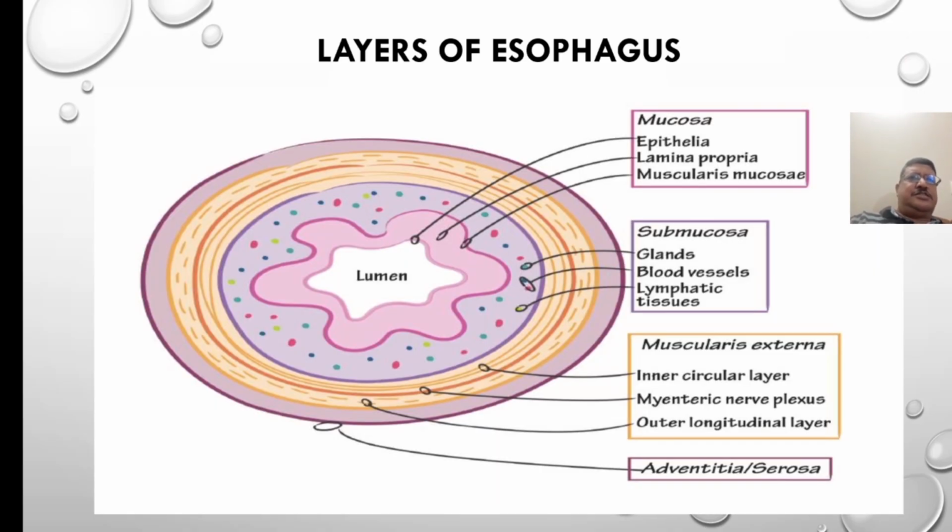So these are the layers of the esophagus: mucosa, that is epithelium, lamina propria, muscularis mucosa, then submucosa, next muscularis externa, and the outer adventitia, serosa.